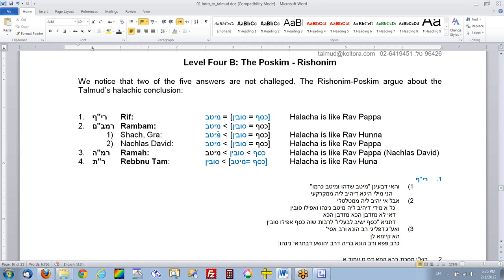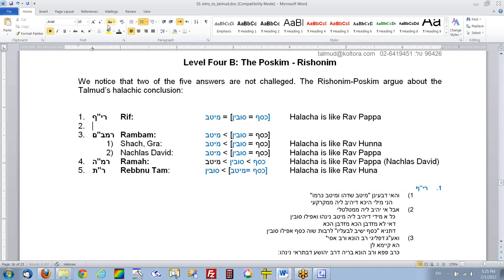We see that this whole group, that's the Rif and the Rambam, however we're going to explain it, they hold Kesef is equal to Subin, and, excuse me, that's not true. Let's maybe be medayek. There's three groups here. There's one group, which is the Rif.